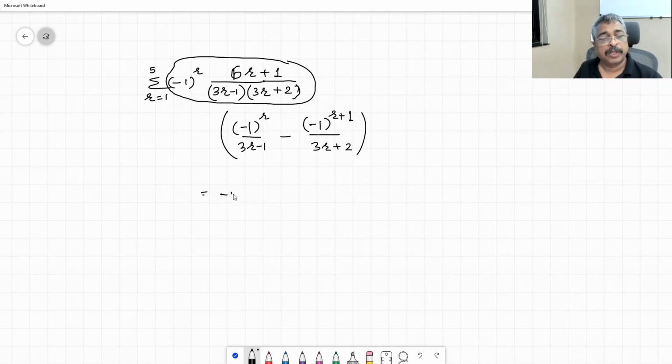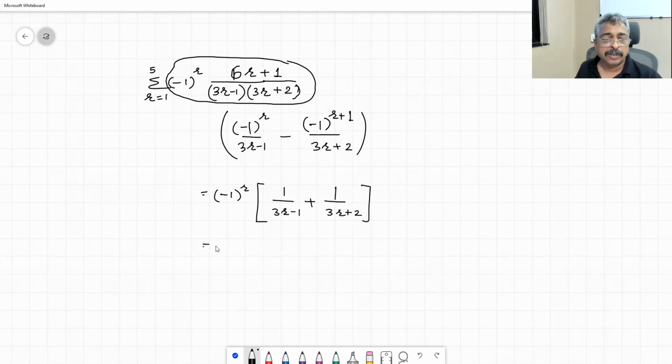So we take minus 1 common, minus 1 raised to r. What remains inside is 1 upon 3r minus 1. And if we take minus 1 raised to r common, then 1 minus 1 still stays there, which makes it minus minus plus 1 upon 3r plus 2.